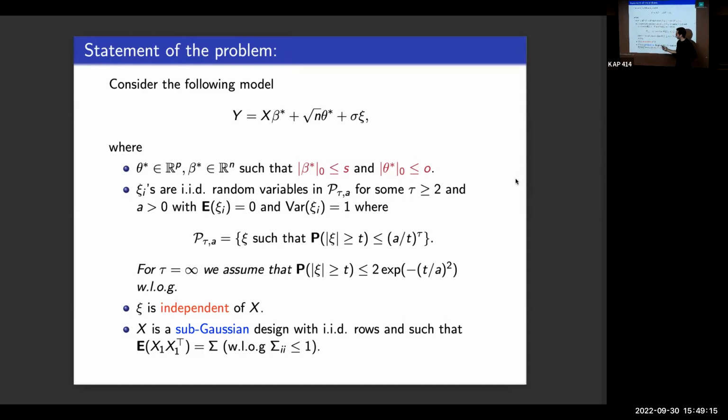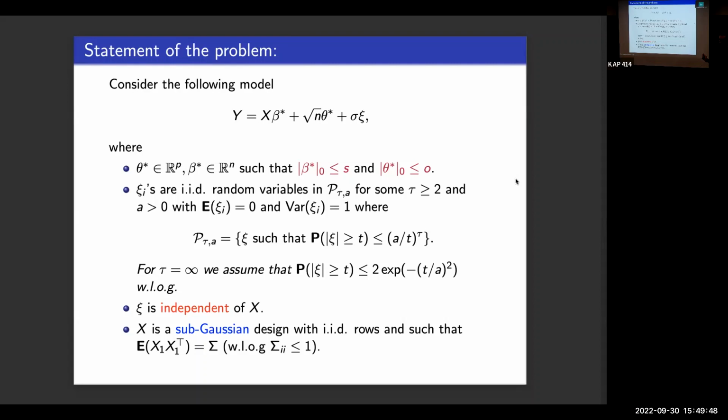We can always renormalize sigma so that all the diagonal terms are smaller than 1. Other than this, we don't assume that we know sigma in advance. So it's just a random design that we're working with, but we don't assume that we know the underlying distribution of this design. Even if it's a simple model, we try to leave it a little bit general without assuming too much. And we'll see what we can do with all these assumptions that I made here.